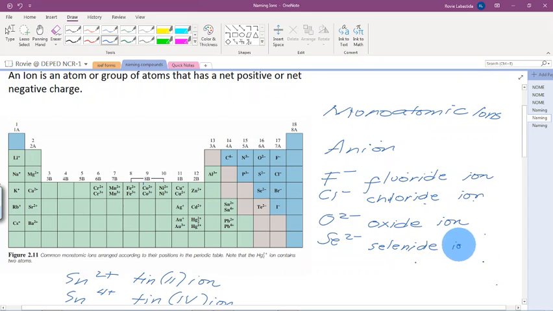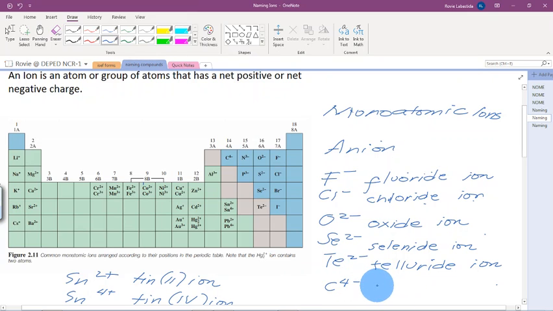So this is selenide ion. How about this one? Te2-. Let's take the root term and then add IDE. So this is telluride ion. How about this one? C4-.